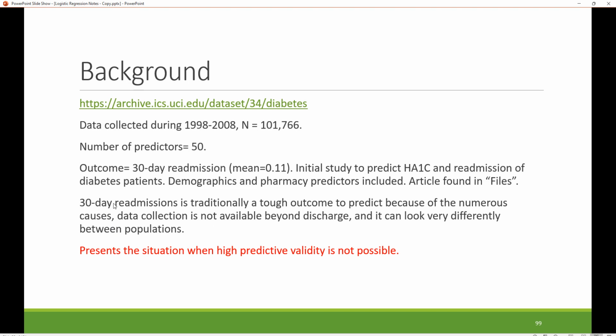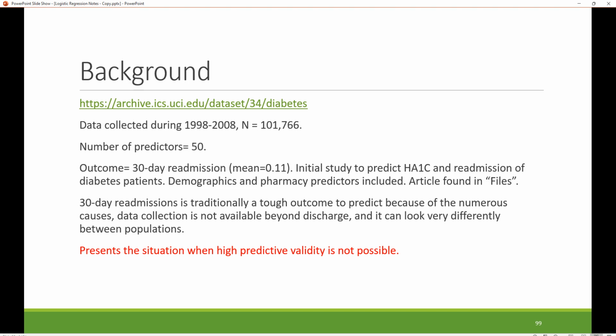A 30-day readmission is traditionally a tough outcome to predict because of the numerous causes, data collection is not available beyond discharge, and it can look very different between populations. So this is just a really tough thing to predict, and we see it in hospital systems throughout the country. It's especially important to note that for 30-day readmissions, we don't have the information up to 30 days after their discharge.